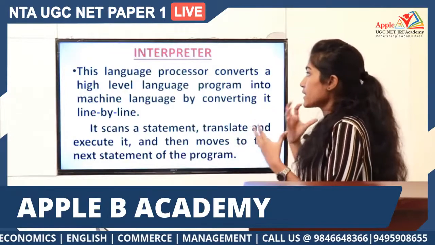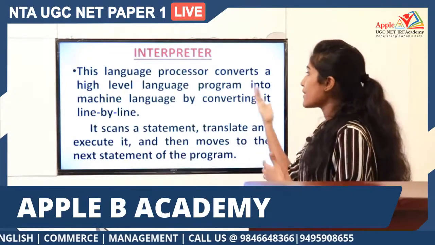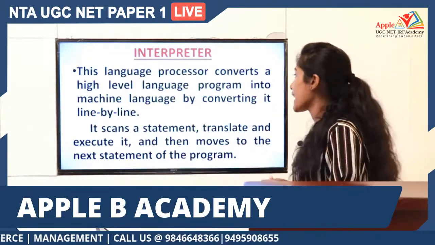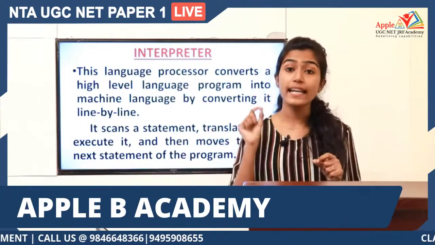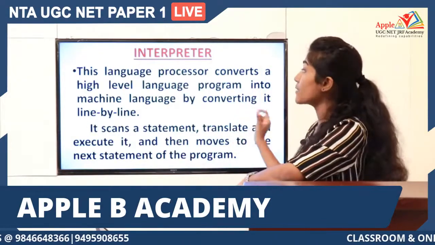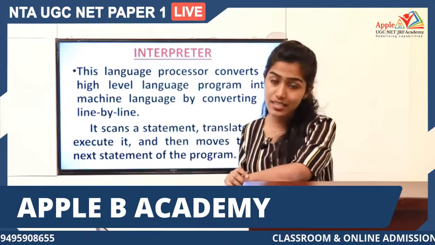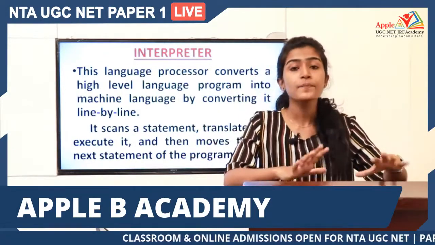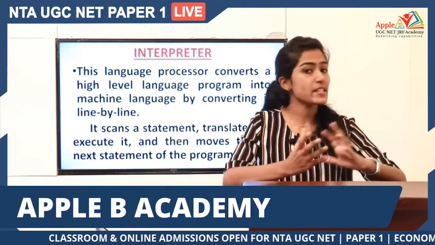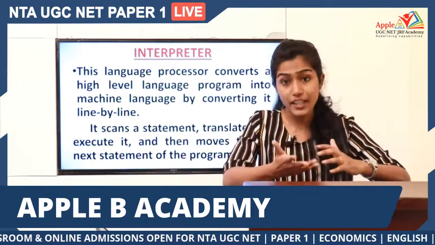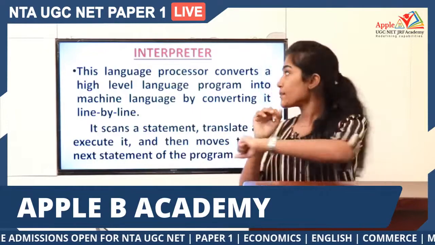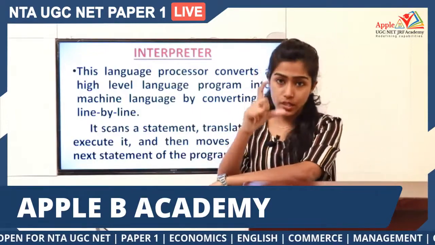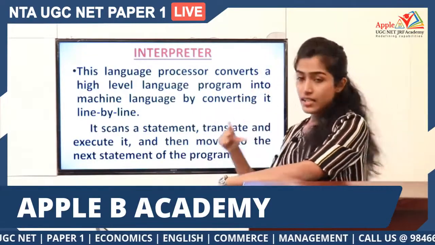The interpreter, this language processor, converts a high-level language program into machine language line by line. We are converting it line by line. That is what the interpreter does. We said that the programs consist of various variables and various statements. What the interpreter does is that it scans a particular statement, translates it and executes it.